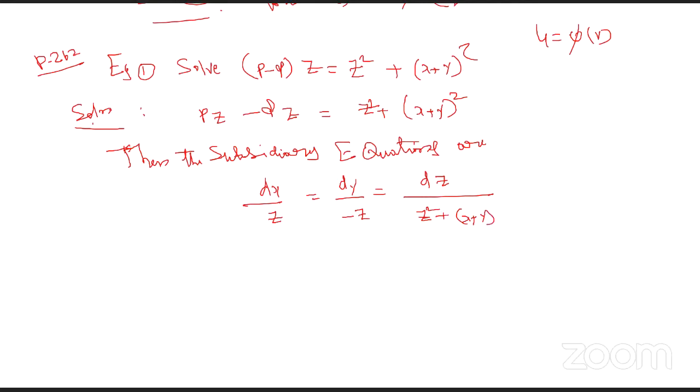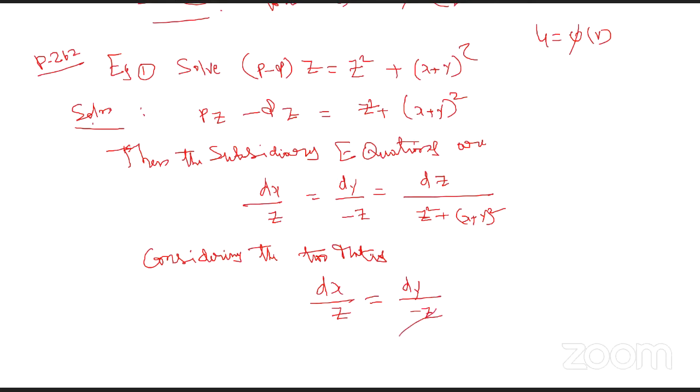Considering the first two ratios, we get dx by z equal to dy by minus z.